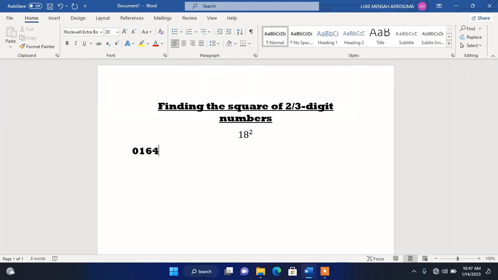The next thing we do is that we find the product of 8 and 1 and multiply it by the power, which is 2. So the product of 8 and 1 will give us 8, and that times 2 will give us 16. That 16 will be written just below the 16.